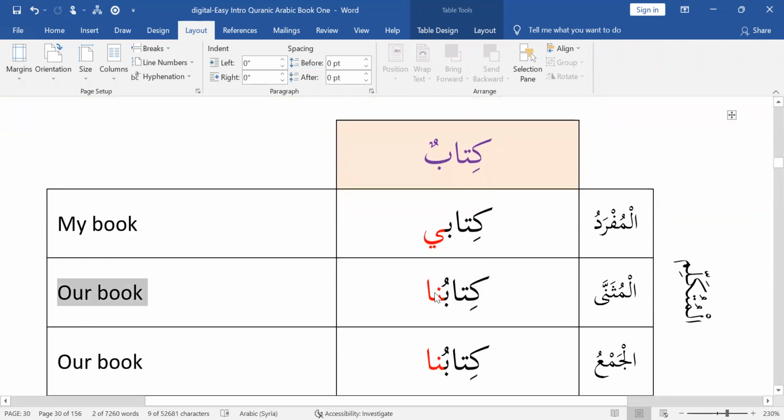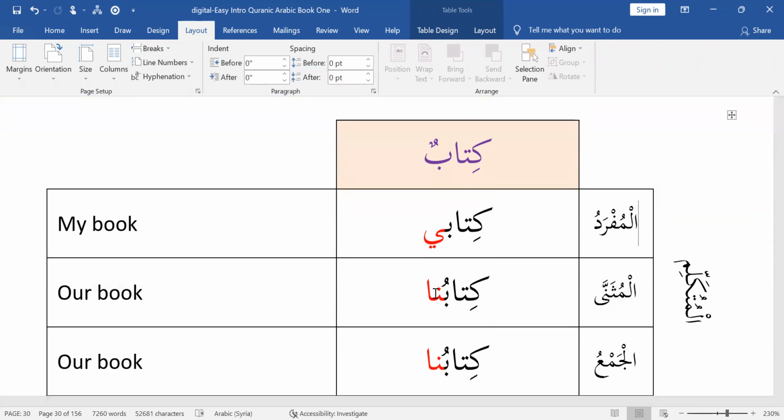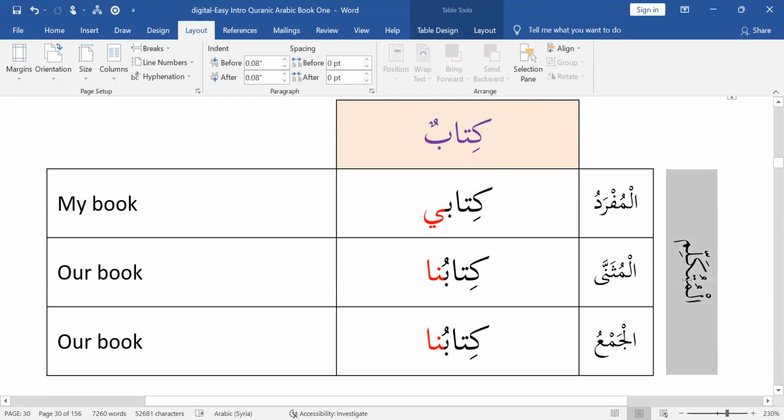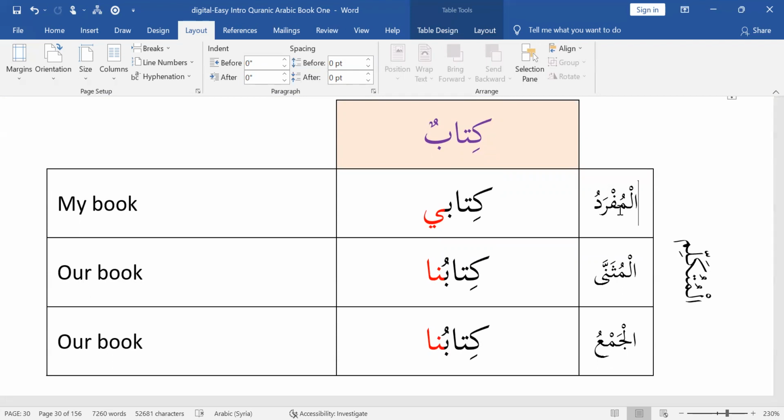Kitabuna is our book, and it's for dual, whereas kitabi is for al-mufrad, which is singular. And then kitabuna is also used for al-jama'. So for the first person, al-mutakallim, here you can see al-mutakallim written here. The word al-mutakallim means speaker, which means the first person, in other words, the one who is talking, just like what you saw in chapter 1, no surprises here.